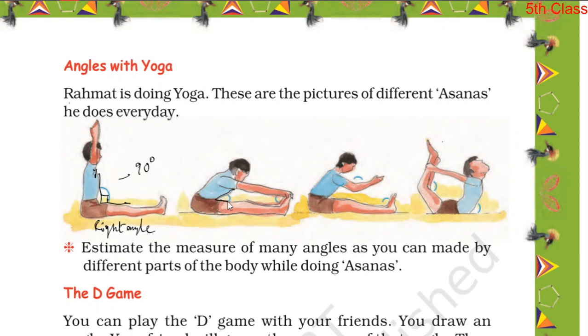Now, if you observe this one, what is the angle made by this part here? This is less than 90 degrees. This is 90 degrees, but this ray is towards the other ray, so it is less than 90 degrees.